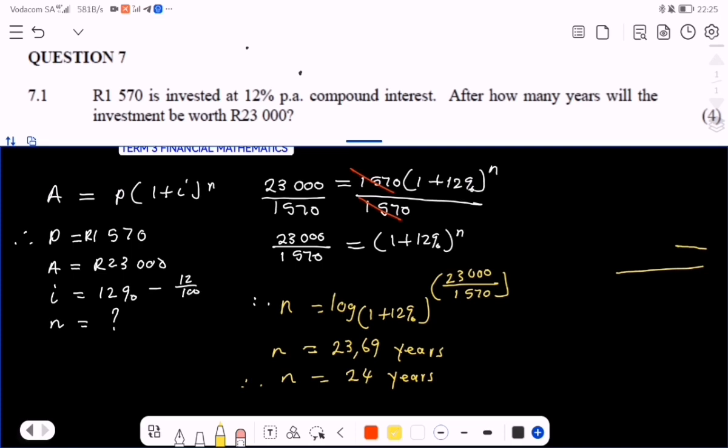If it were given, I would convert that 23 years together with those particular months, but it is not necessary in this question because they just ask us to find how many years will the investment be worth 23,000. So the final answer here is going to be 24 years.